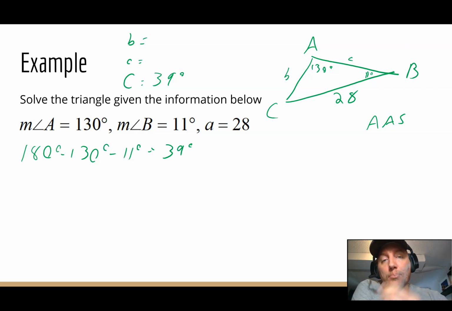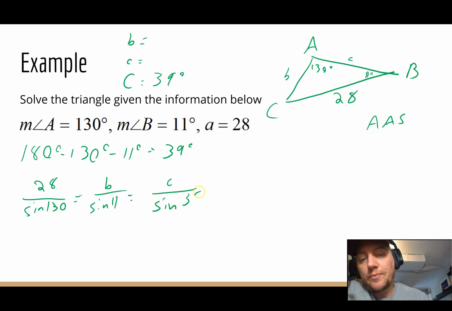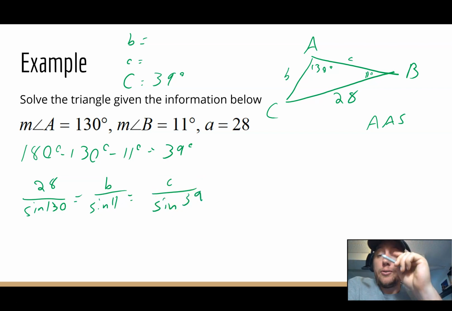All right, so we have big C. Now I'm going to set up the law of sines. Little a over sine A equals little b over sine B equals little c over sine C. I have one fraction that's just numbers, and the other two fractions have a variable.